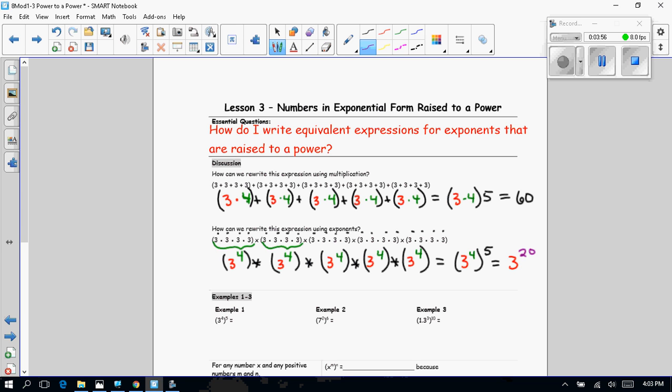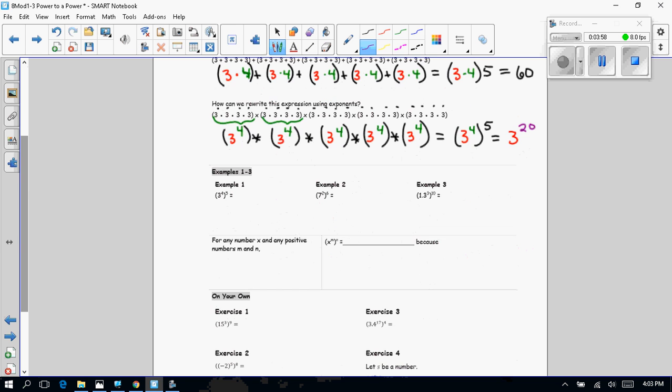Let me show you. Okay, let's try another one. It might have just been a fluke. So we know, based on what we just said, that 3 to the 4th power, if you notice, there is a relationship between those exponents. So this becomes 3 to the 4 times 5 power, also known as 3 to the 20th power.